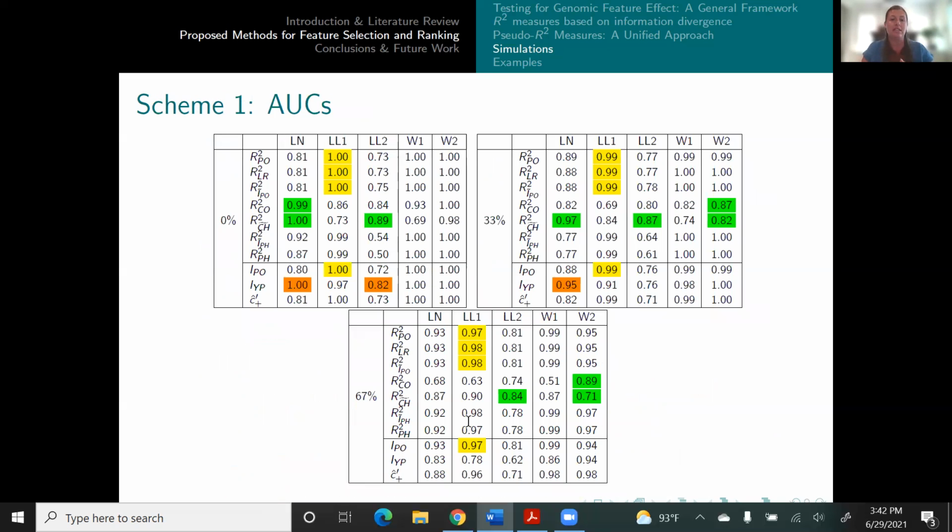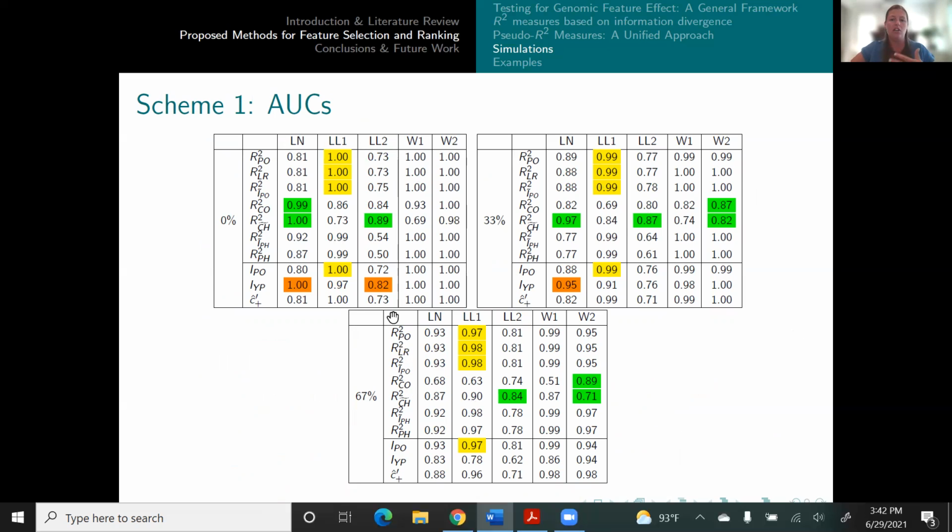So first, we look at scheme 1 and those average AUCs, and we can see that overall across the board, our methods are outperforming existing methods in many cases. Some things to highlight, you can see in yellow that our PO-based measures, our R-squared PO, LR, R-squared IPO, or IPO, are really outperforming the other methods, particularly in the log logistic scenario that you can see highlighted again in yellow.